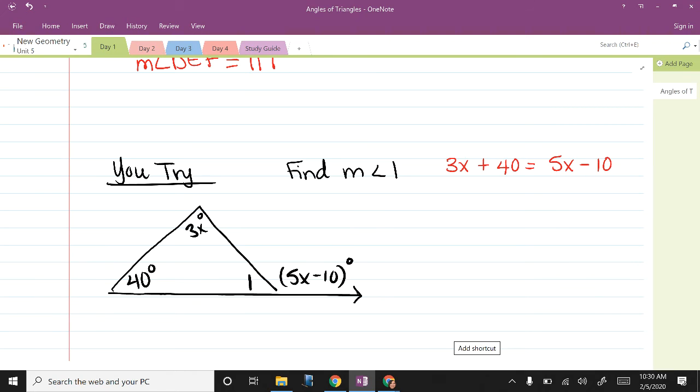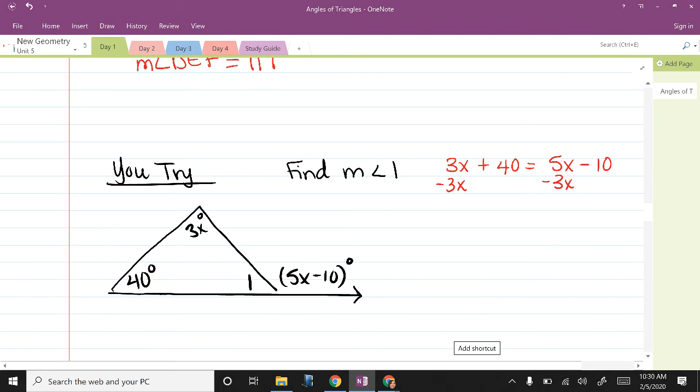Okay, so how did you set it up first to find x, y'all? The exterior angle theorem, right? So did y'all say add together 3x and 40 and set it equal to 5x minus 10? Okay, so how do I solve that for x? Subtract 3x.